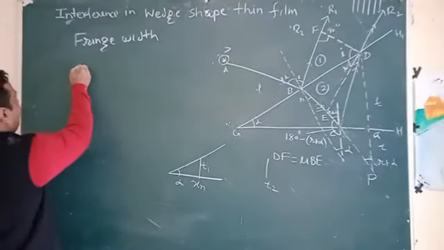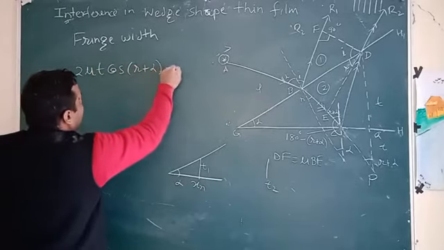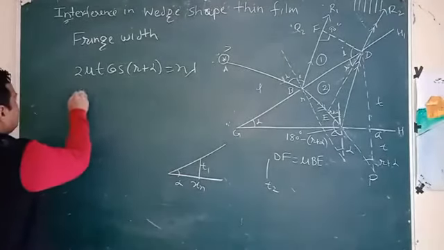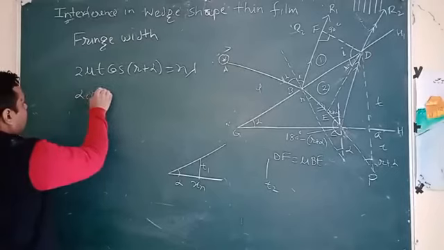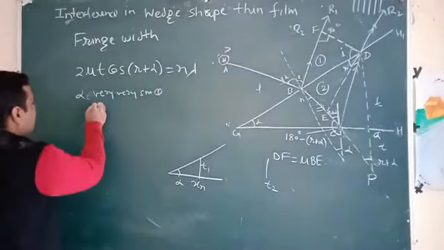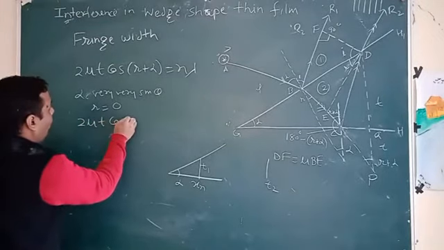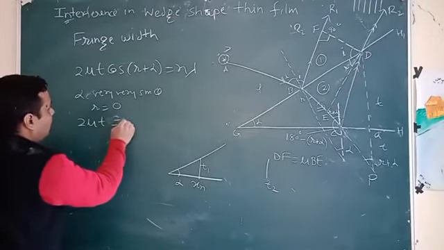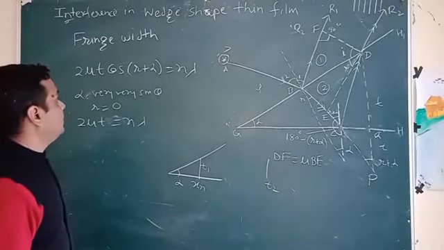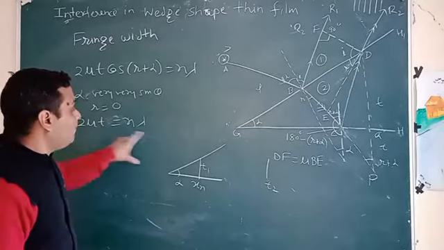The condition is 2 mu t cos(R plus alpha) is equal to n lambda. Now if alpha is very small and at normal incidence R is equal to 0, then 2 mu t cos 0, which is 1, is equal to n lambda. This is the condition for the dark fringe in case of the wedge shaped fringe.